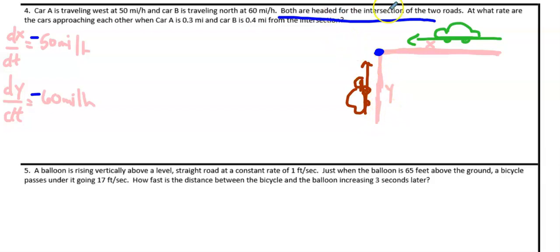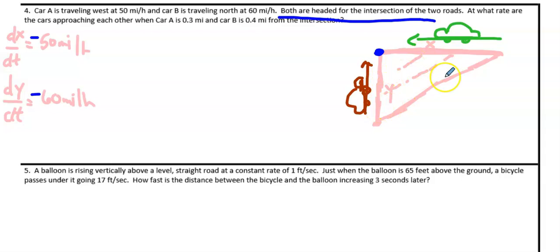Then the next thing is, at what rate are the cars approaching each other? So we can create another little thing: this would be the distance between the cars. As time moves on, it's going to get smaller.